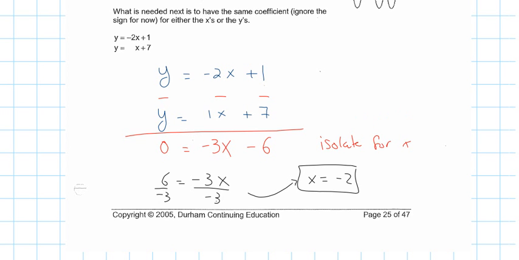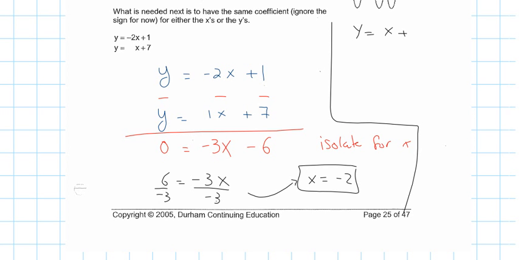So in this case, I'm going to pick equation 2. Doesn't matter which one I pick. It shouldn't matter. If your answer is correct, it does not matter, okay? So if I plug in x equals negative 2 into the second equation, just because it's easier, I have y equals x plus 7.